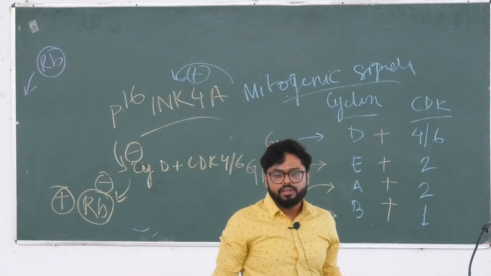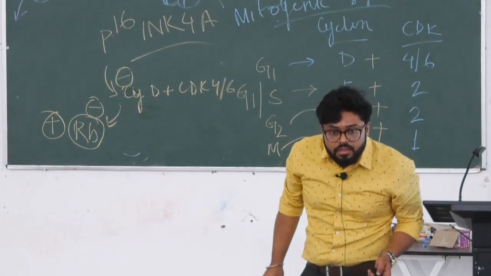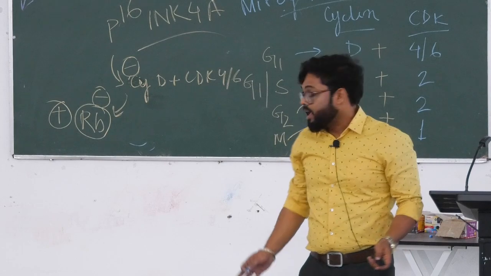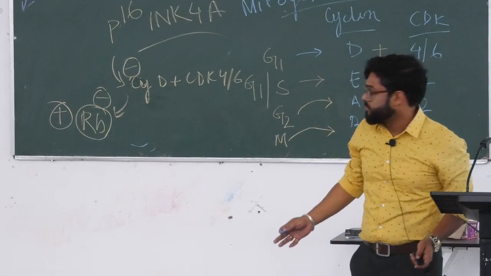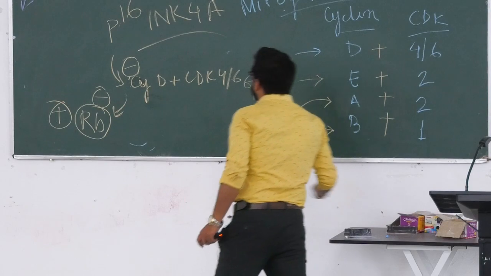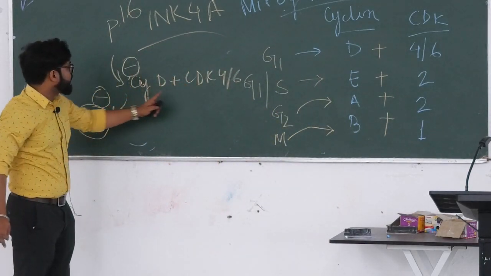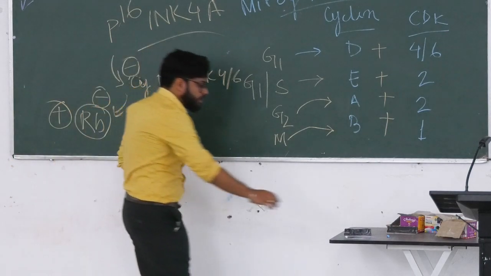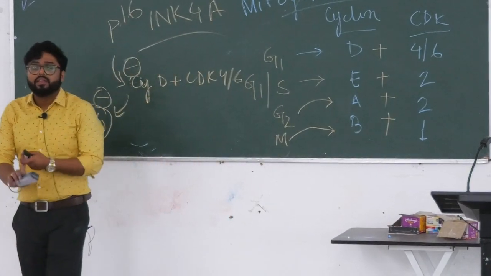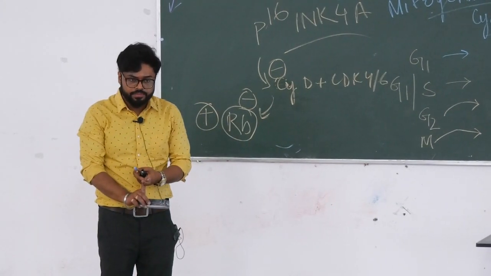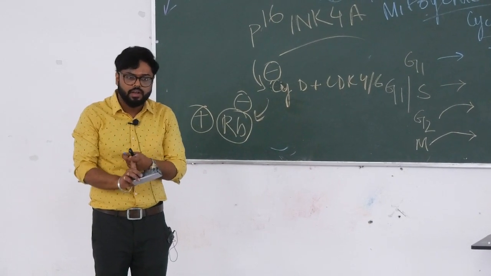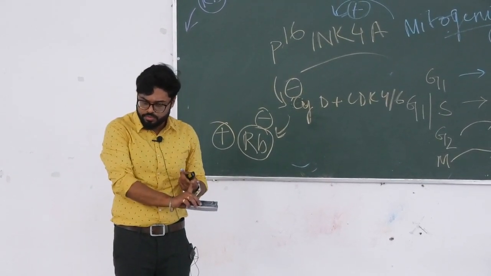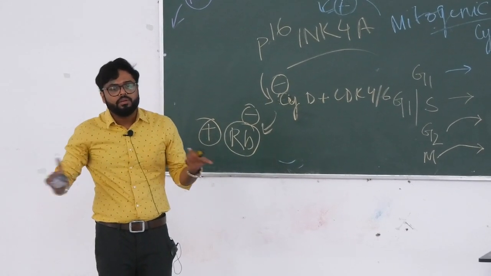So, it prevents. I was saying inactivation of cyclin D and CDK4. Normal retinoblastoma gene binds with the elongation factor. If it binds with the elongation factor E2F, the elongation factor will not be active.